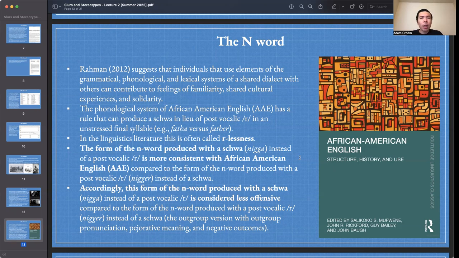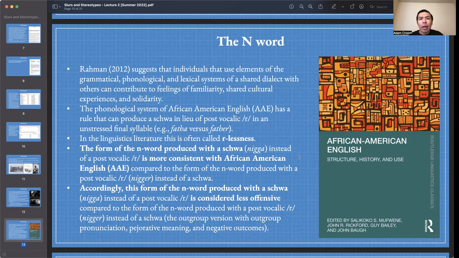Okay. So discussing this point here, because we'll see that the in-group usage of the N-word follows principles from AAE, or African American English, the dialect for many African American speakers in the United States, okay.